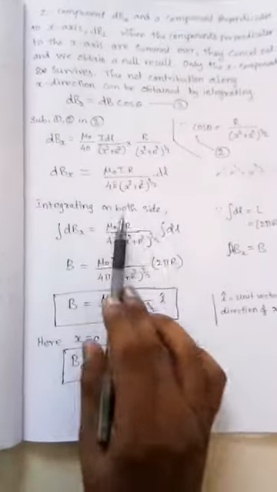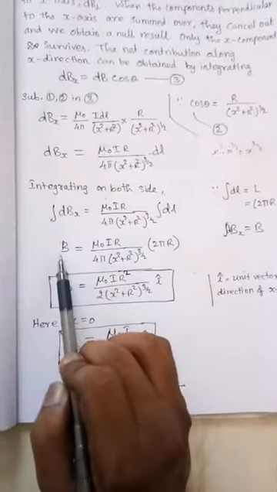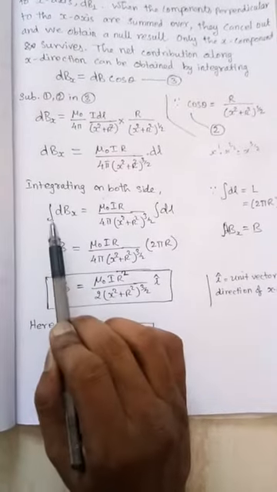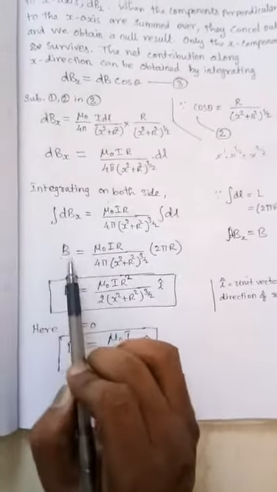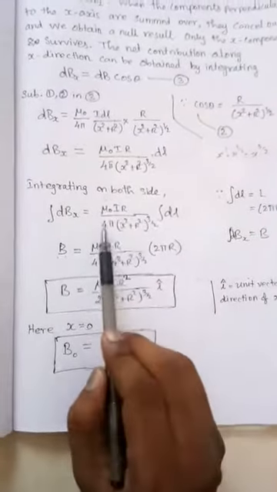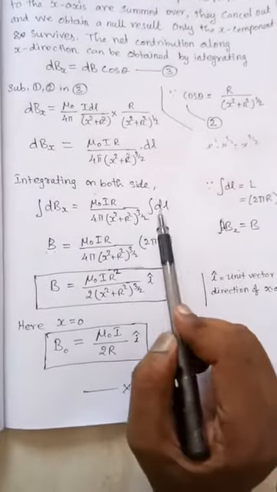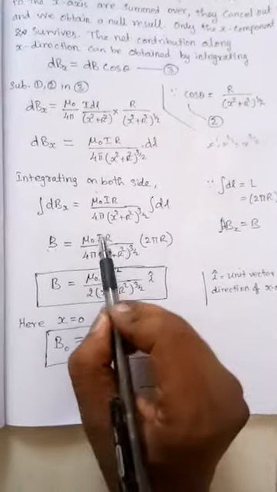Now integrating on both sides, the integration of dBx is nothing but B. The constants mu naught I R by 4 pi, x square plus R square whole power 3 by 2, you take outside. Only dl is changing, so we integrate dl.